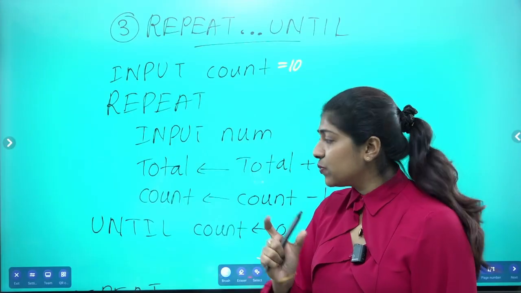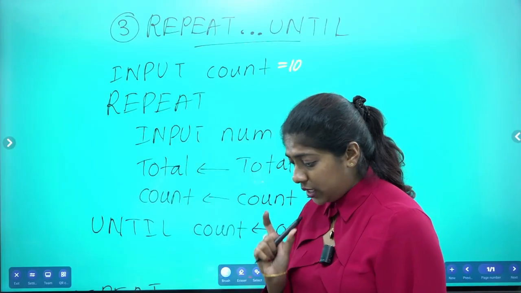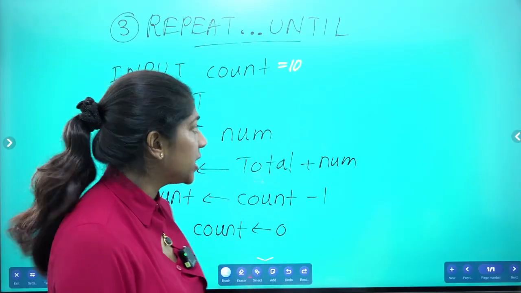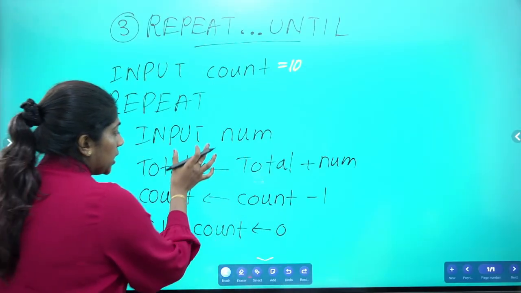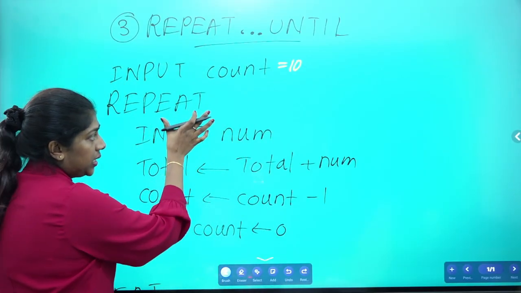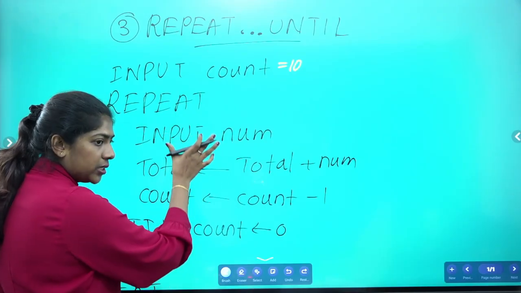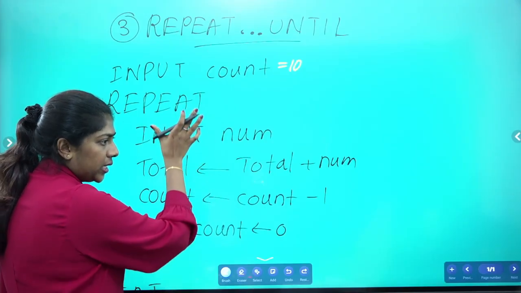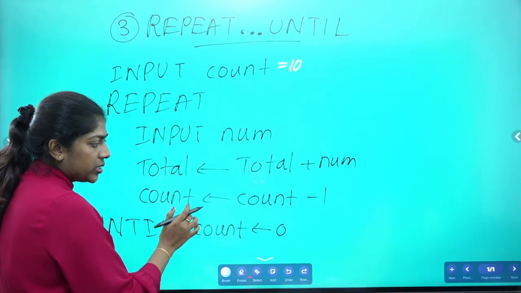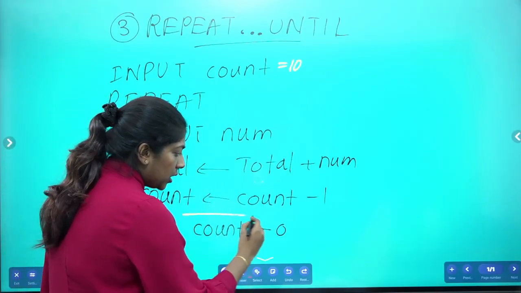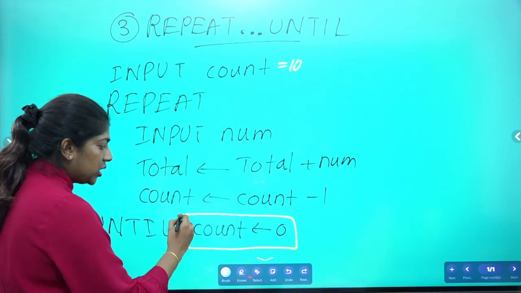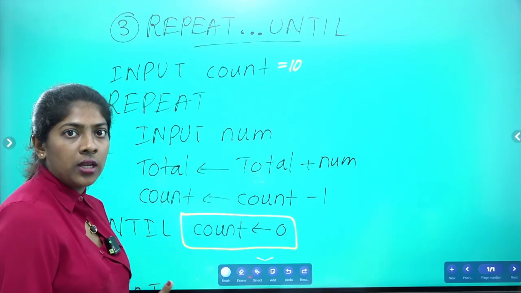Okay, and there is one more important difference here. Can you see the upper part of the loop? It is run at least once before checking this condition. Before checking the condition, the loop is run.